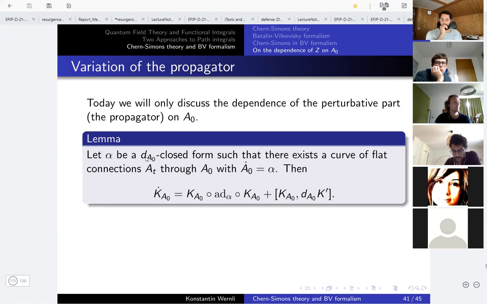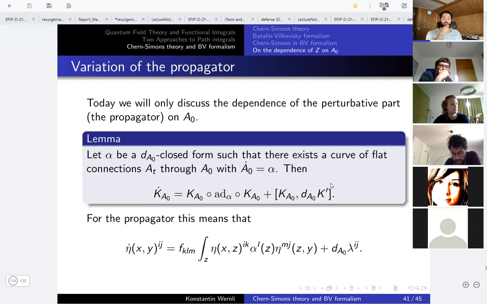And if I vary my flat connection along a path, with tangent vector alpha, so if alpha is a tangent vector to a path of flat connections, it's going to be dA0-closed. Then this is how the chain contraction K changes.